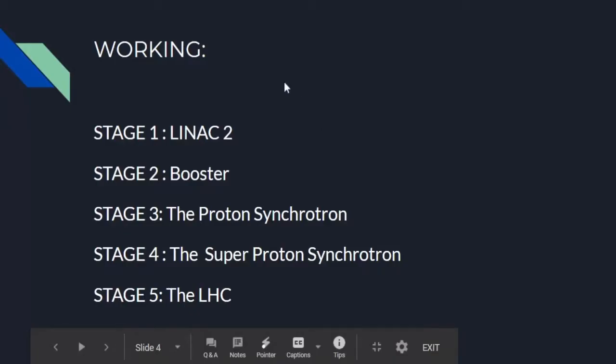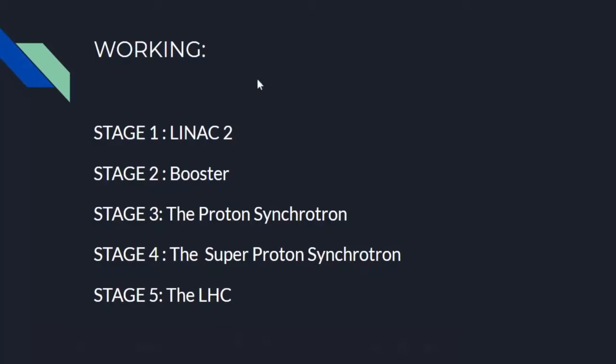Next slide. So I'm going to attempt to teach about the working of the LHC in 5 stages. Stage 1, we have the LINAC 2, which is a linear particle accelerator. Stage 2 is the booster, and it is in the shape of a ring, because in the booster the proton reaches speeds of about 91.6% the speed of light, and doing this in a linear accelerator is very inefficient.